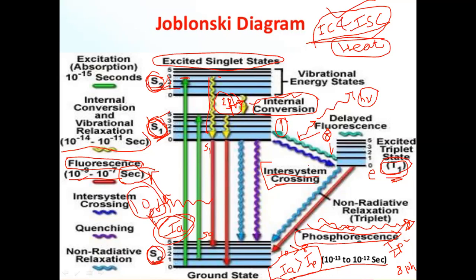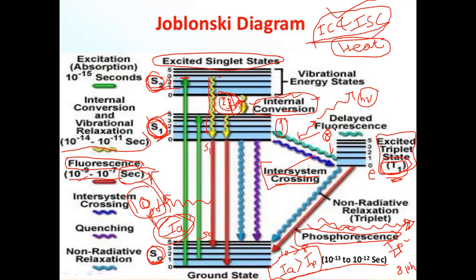So due to internal conversion and inter-system crossing, this energy is decreased, or utilized for the conversion or heating of the molecule, and then the remaining energy is attained at the triplet excited energy level and it comes to the ground state energy level.